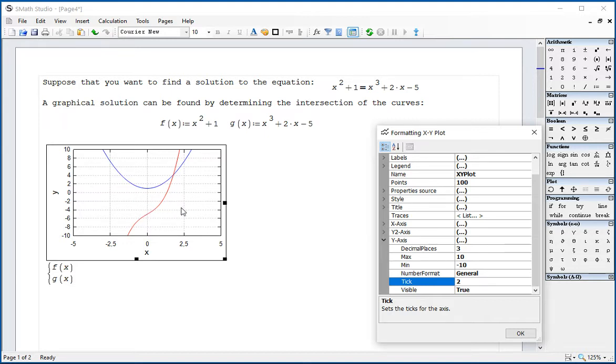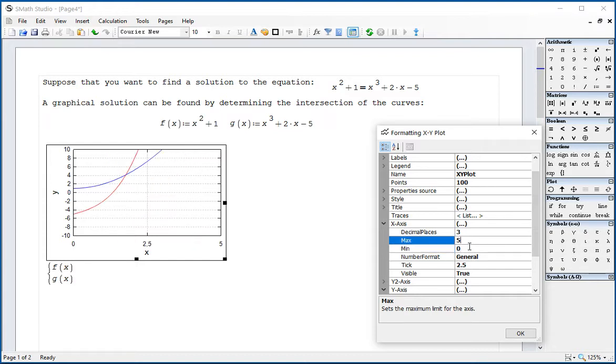So I'm going to narrow down that area by going from 0 to 2.5 in x and from 0 to, let's say, 6 in y. So in x, we're going to go from a minimum of 0 to 2.5 in increments of 0.5.